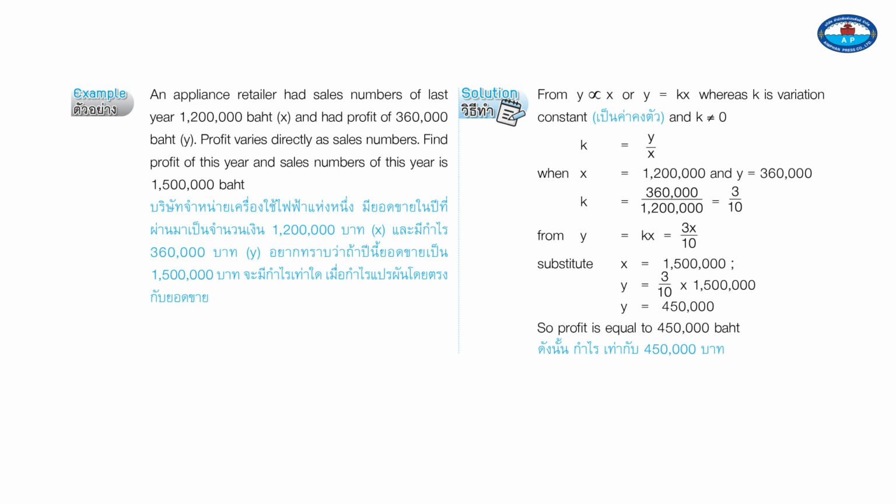From y equals kx equals 3x over 10, substitute x equals 1,500,000: y equals 3 over 10 times 1,500,000. y equals 450,000. So the profit is equal to 450,000 baht.